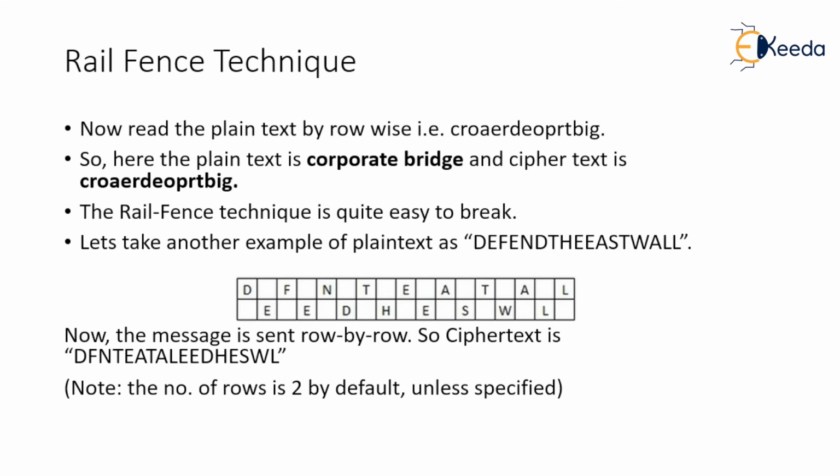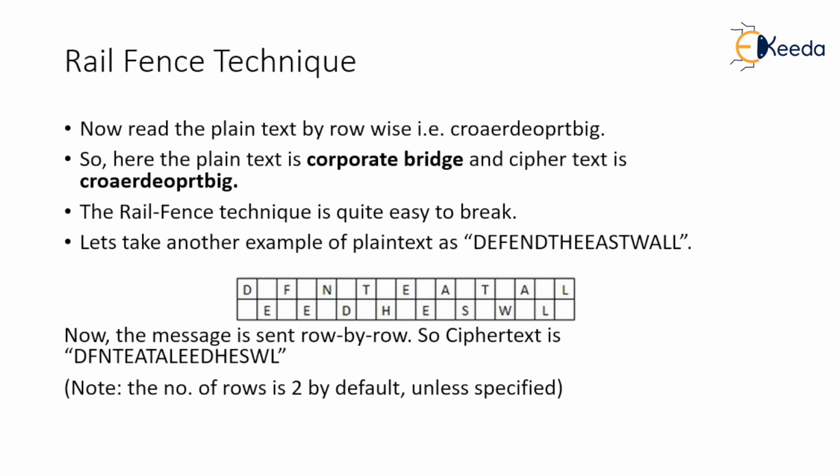This is a word which doesn't have any real meaning. It is just ciphertext having no meaning in it. The rail fence technique is quite easy to break, as we saw that we just have to arrange the alphabets in different rows and then write the letters row-wise to convert the plain text into the ciphertext with the help of the rail fence transposition technique.